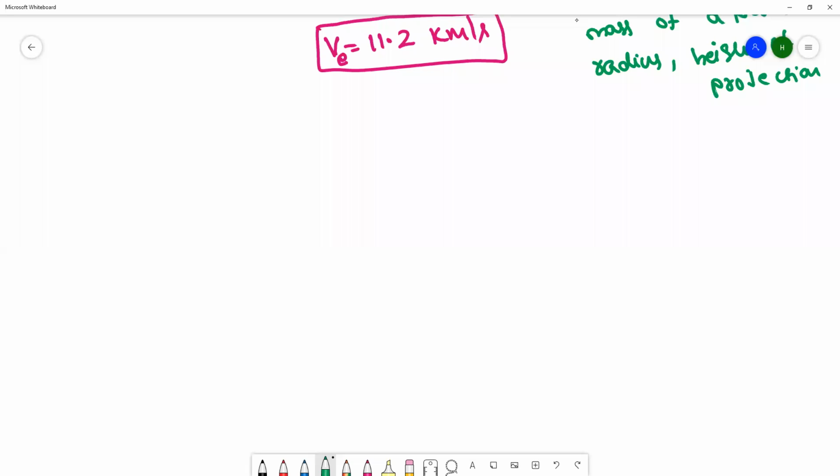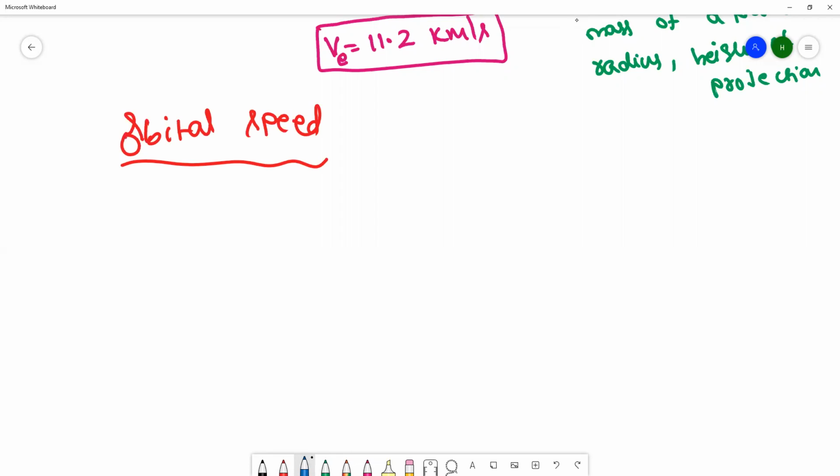Next one, orbital speed. If we take orbital speed, it is the horizontal velocity required for an object to revolve around the planet.